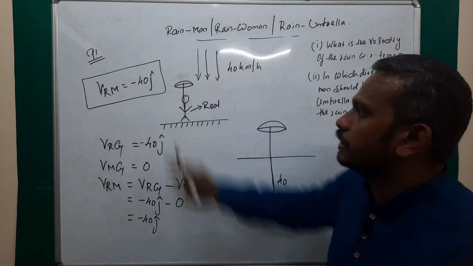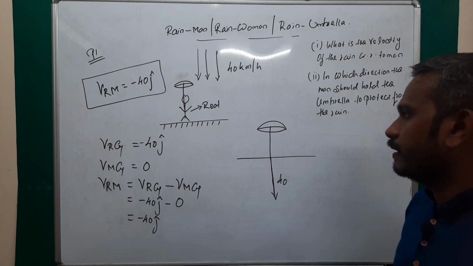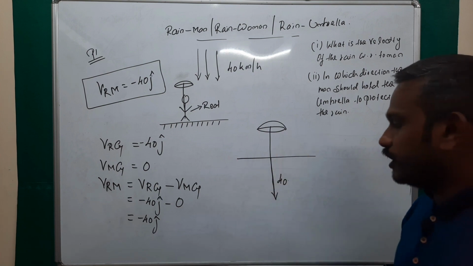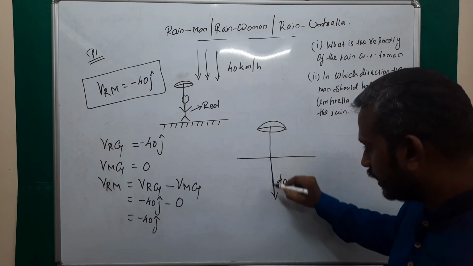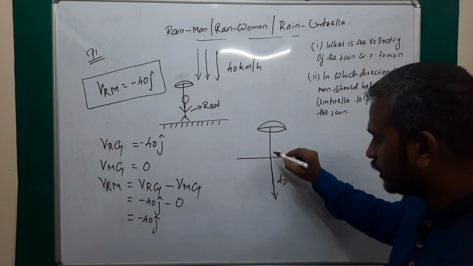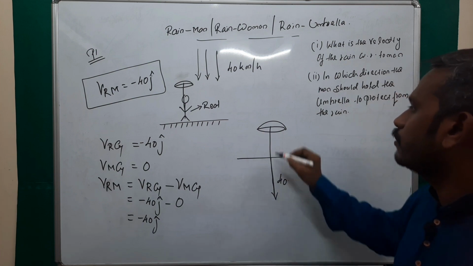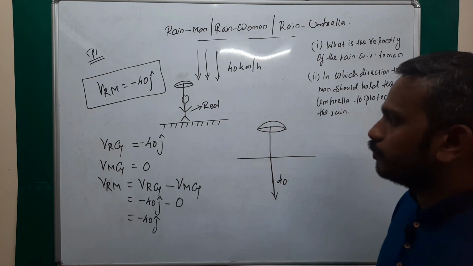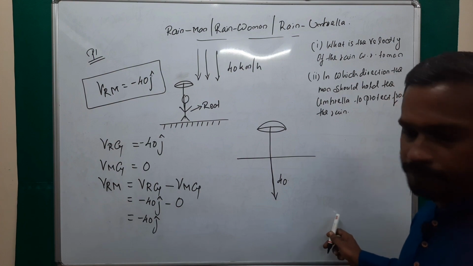That is minus 40 j cap. So minus j cap is the unit vector in the negative y-axis. So we can plot the direction of the rain in the negative y-axis. So we have to hold the umbrella in this direction to protect himself from the rain. Clear?